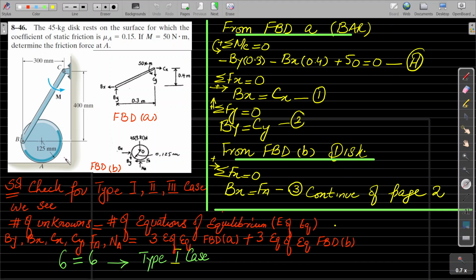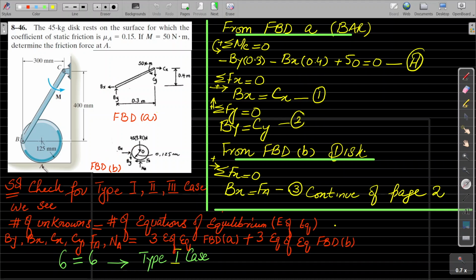For the disk, at point B again there is a pin connection, so we have Bx and By as the reactions. Make sure the reactions here are opposite to those assumed on the bar: Bx is along positive x there, so here it is negative, and By is along positive y there, so here it is negative y.